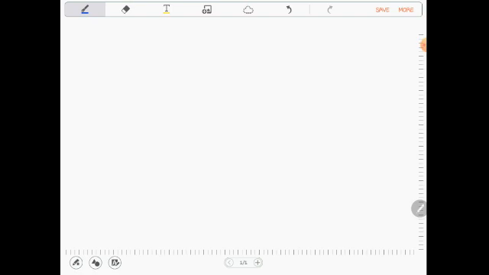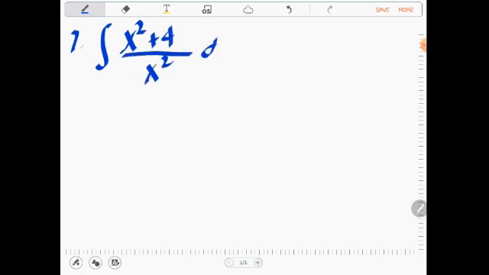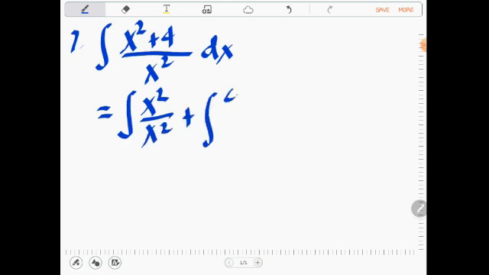For number 7, we have the integral of, okay, so x squared plus 4 all over x squared then dx. Okay? So, ito ay pwede natin siyang gawin as, pwede natin siyang i-rewrite na ganito, integral of x squared over x squared plus the integral of 4 all over x squared dx.